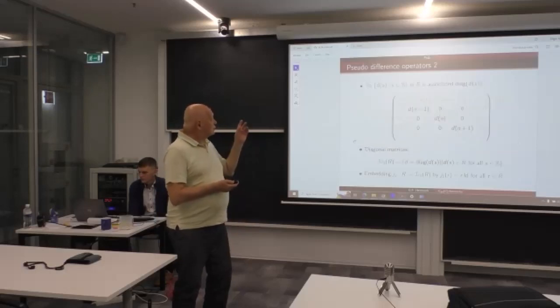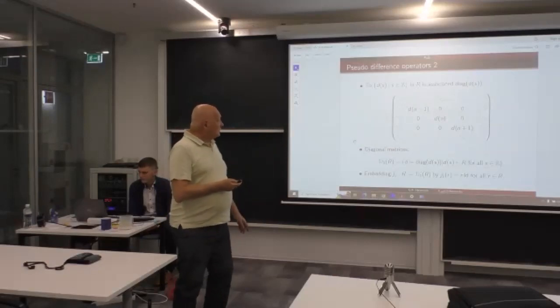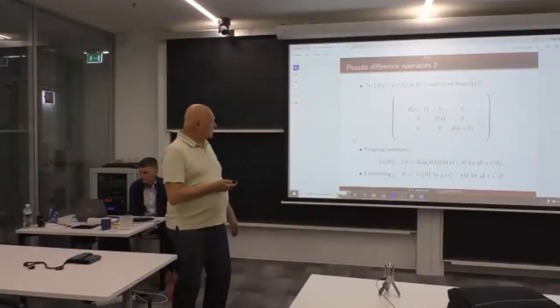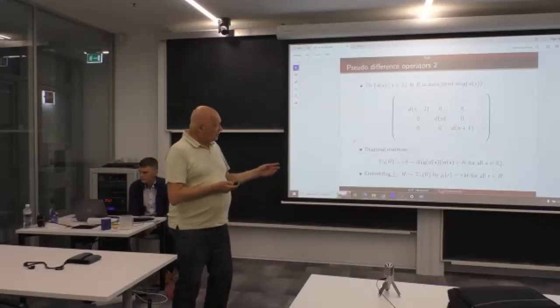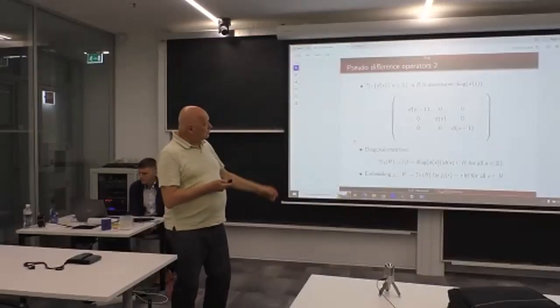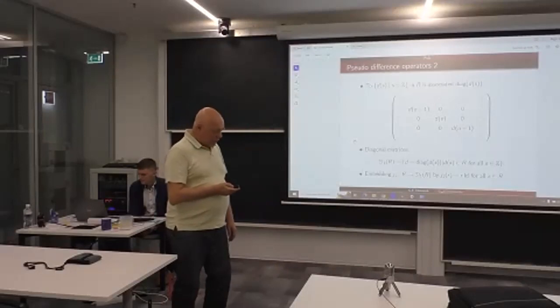Now, the pseudo-difference operators I completely express in two types of matrices. The first matrices are the diagonal matrices, and I call this algebra D1R. There is an embedding of the coefficient ring into D1R by taking all coefficients on the diagonal equal to R.